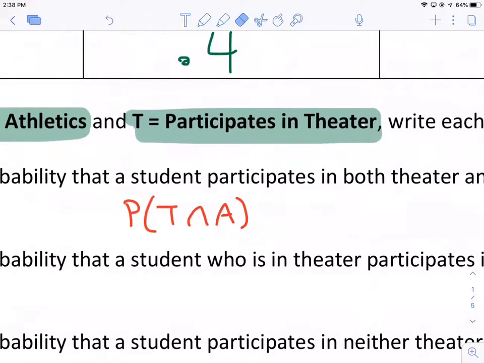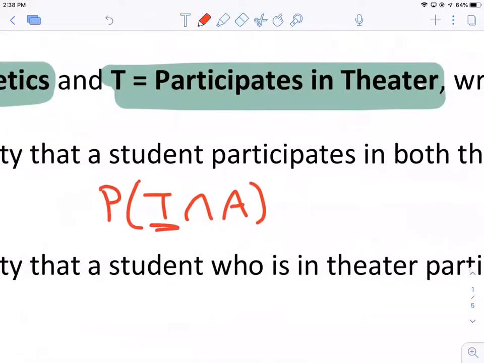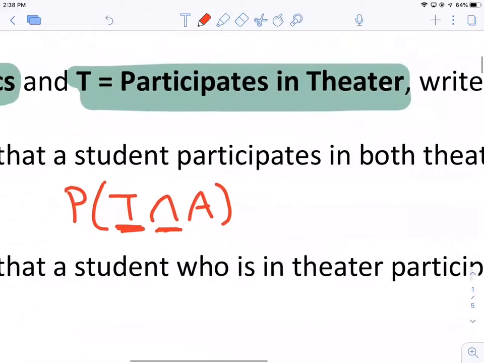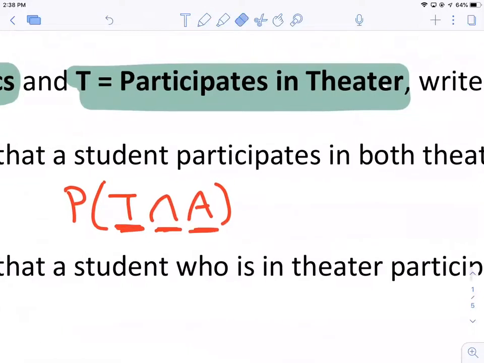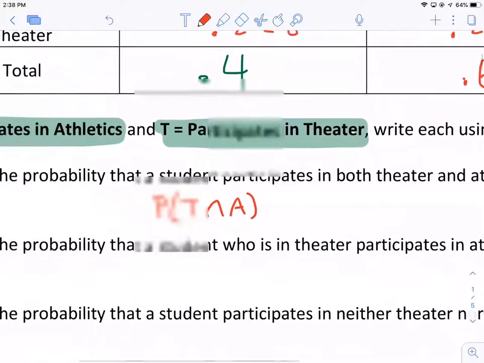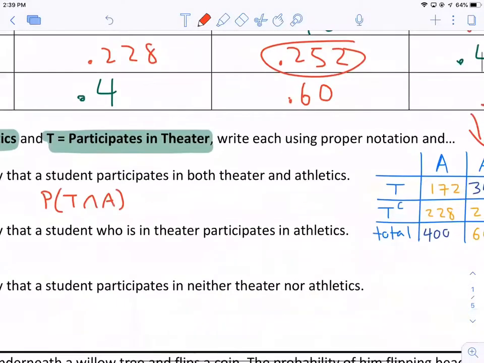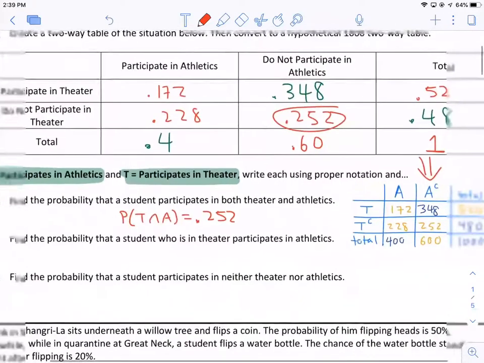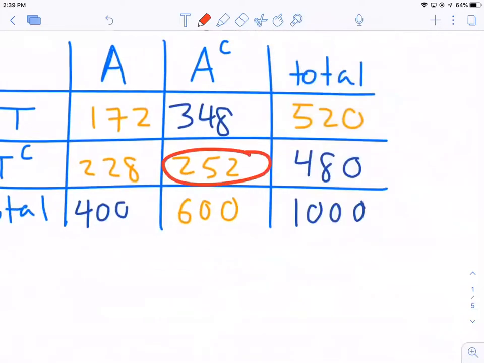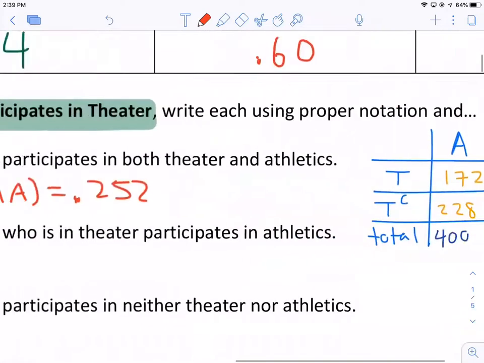So the probability that a student participates in theater, that's T, and the symbol for and, participates in athletics, A, is 0.252. And if you're using the frequency two-way table, you could just do 252 divided by 1,000. That's also fine.